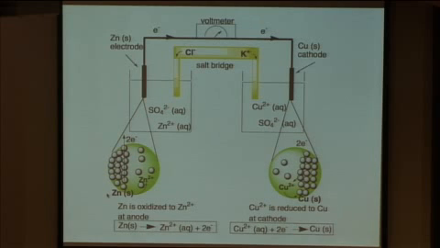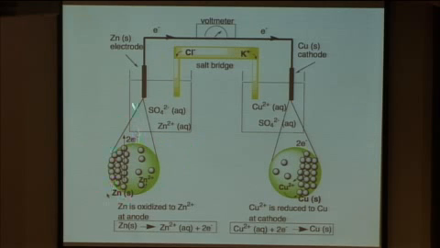In one beaker, you're going to have an oxidation, and in the other beaker, you're going to have a reduction. So if we think about what's happening over here, you could have a zinc system that is oxidized from zinc 0 to zinc +2. This is a view of what would be happening at the electrode.